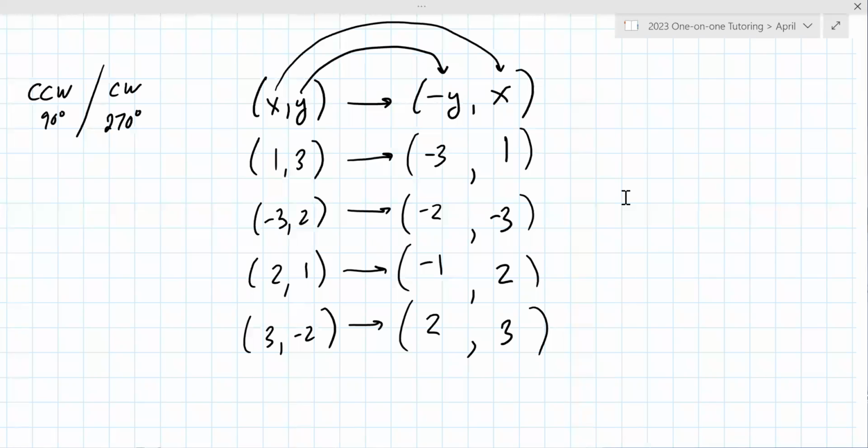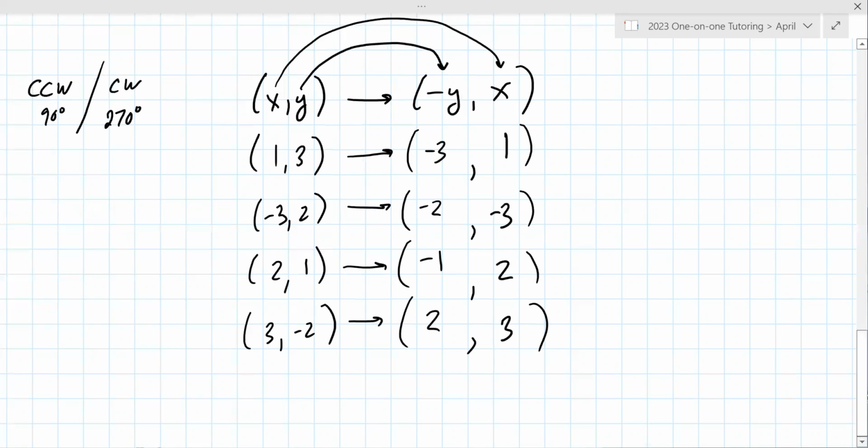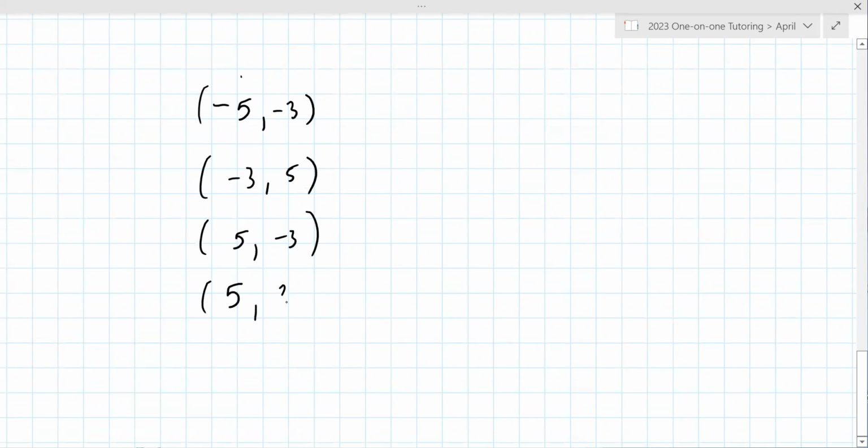You got it? Okay, so we're going to use the same rule, and I'm going to give you a couple of points here to work with. You've got the rule, so let me have you do it here. Let's go -5, -3, -3, 5, 5, -3, 5, 3.